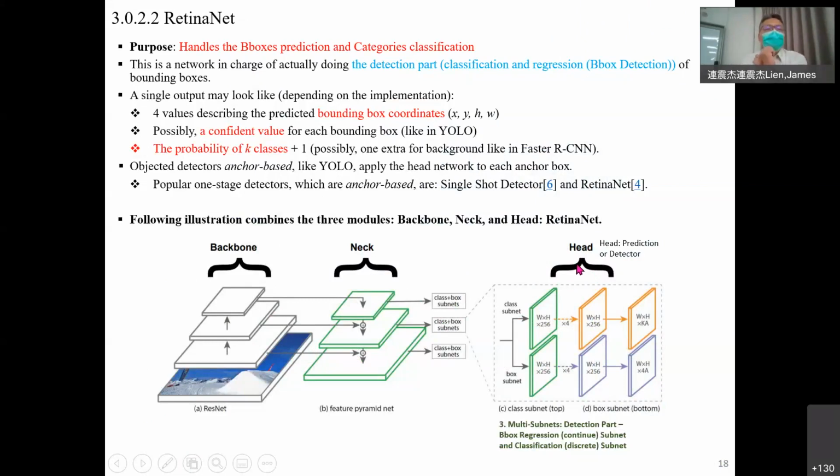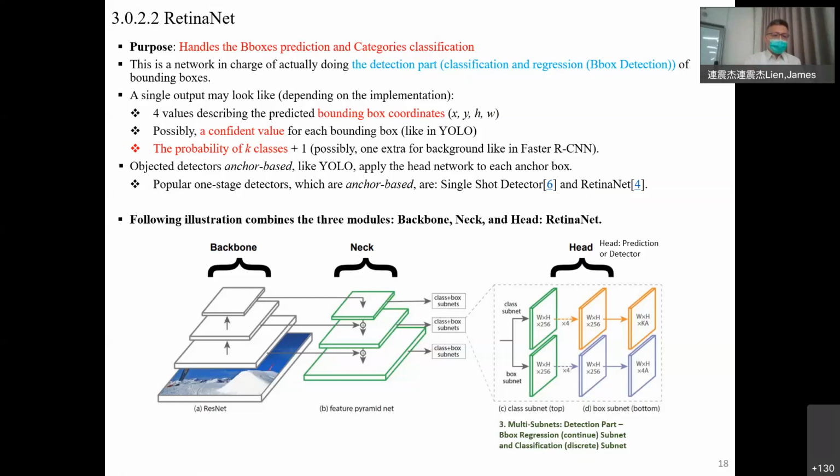So why is RetinaNet important? Because they have a good result, and there are many methods in RetinaNet. So far, people still use it or improve it. So RetinaNet is a good fundamental network.